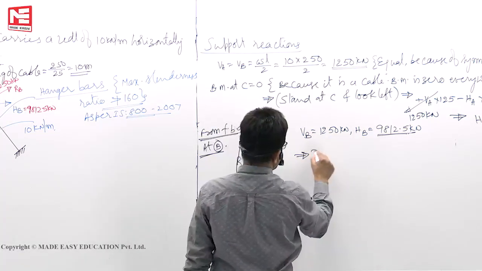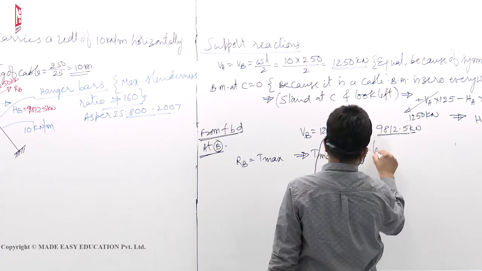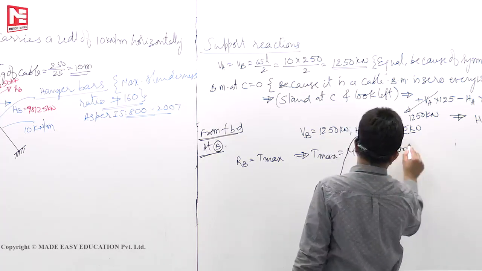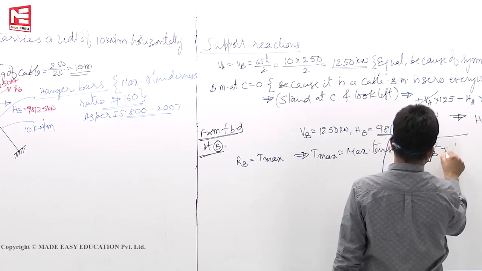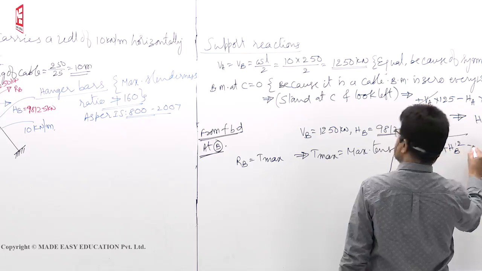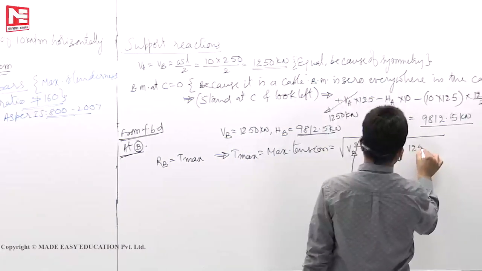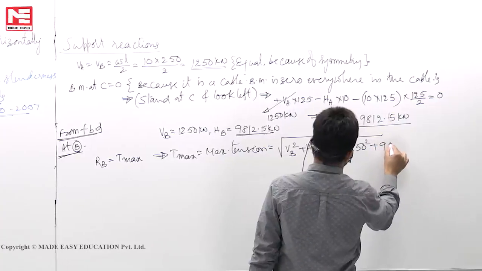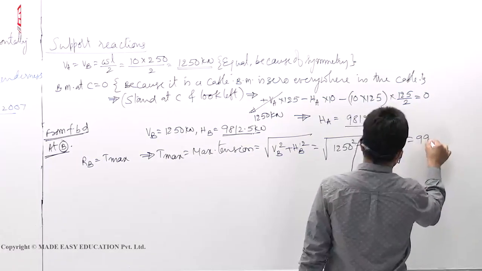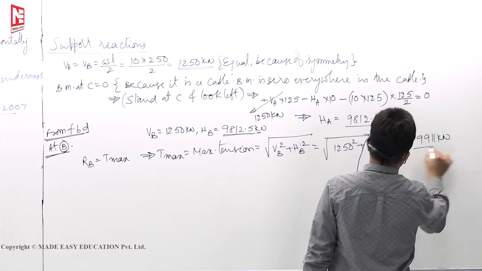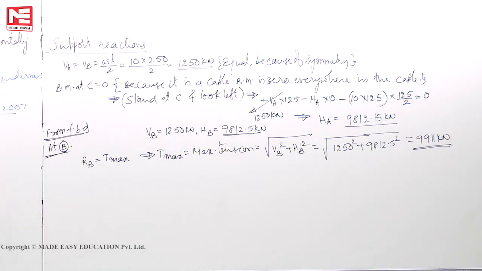In other words, T max, maximum tension, is equal to square root of VB square plus HB square, or VA square plus HA square, anything we can write. So 1250 square plus 9812.5 square. So you will get 9911 kilonewton. So this is the maximum tension in the cable.